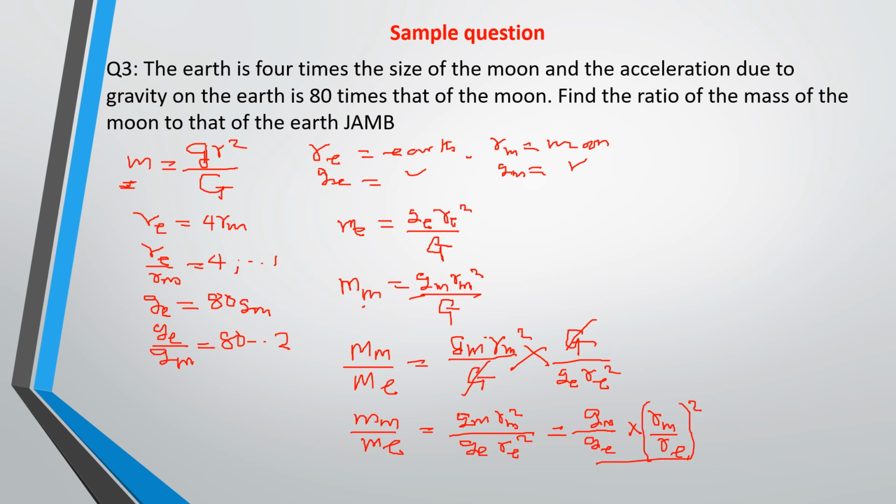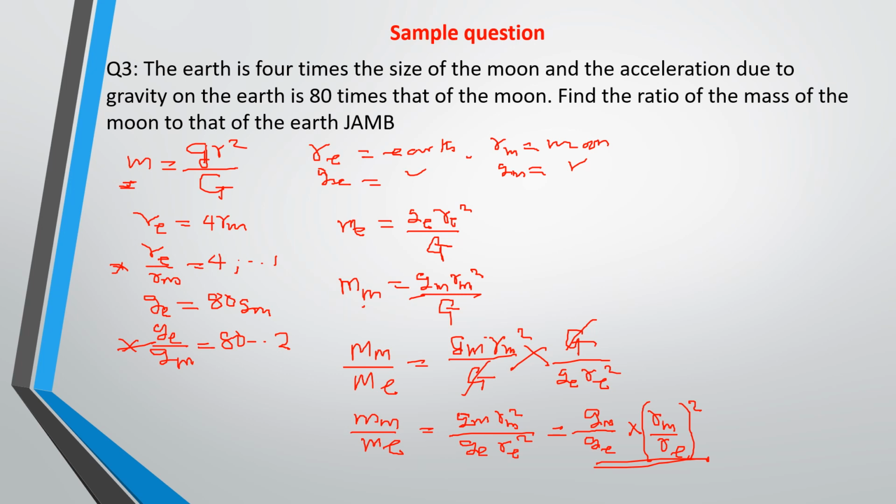Now look at what you have here, and compare it to 1 and 2. If you compare what you have here now to 1 and 2, you find out that RM over RE is the reciprocal of RE over RM, which equals 4.